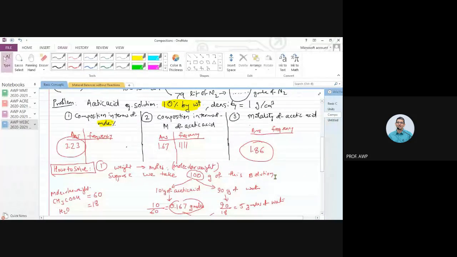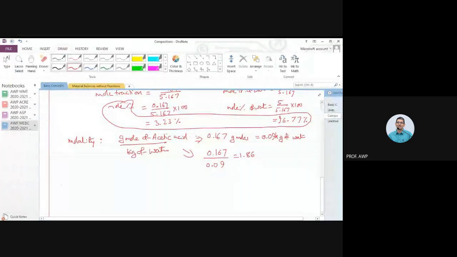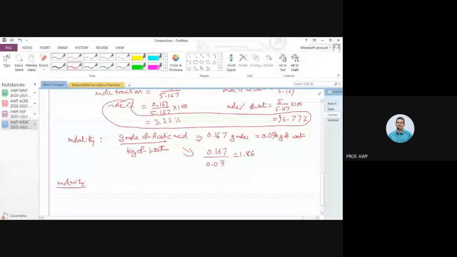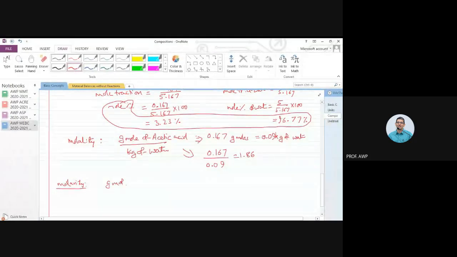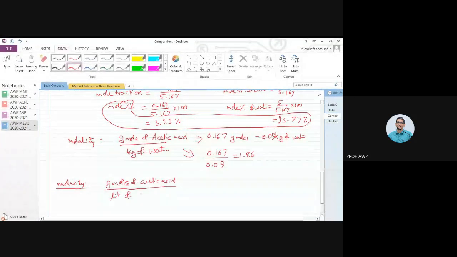Right. Now, molarity. Molarity is gram moles of acetic acid per liter of solution.